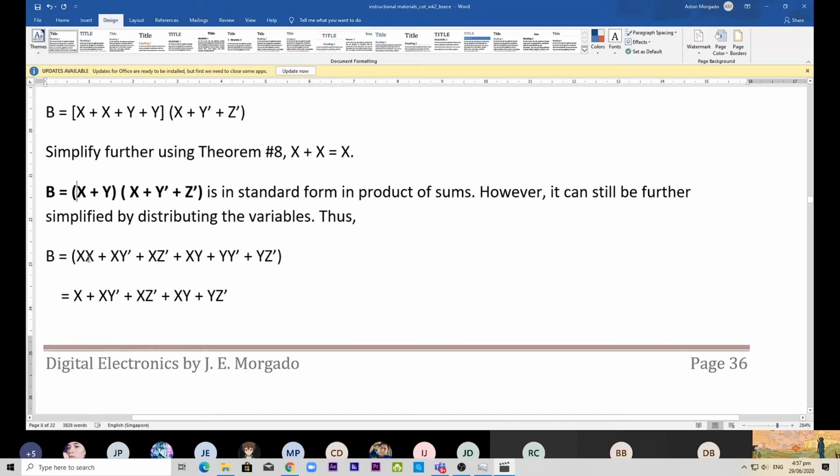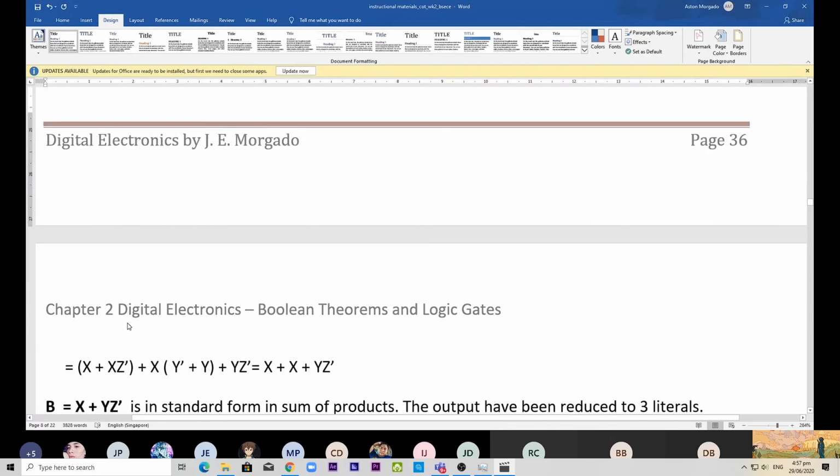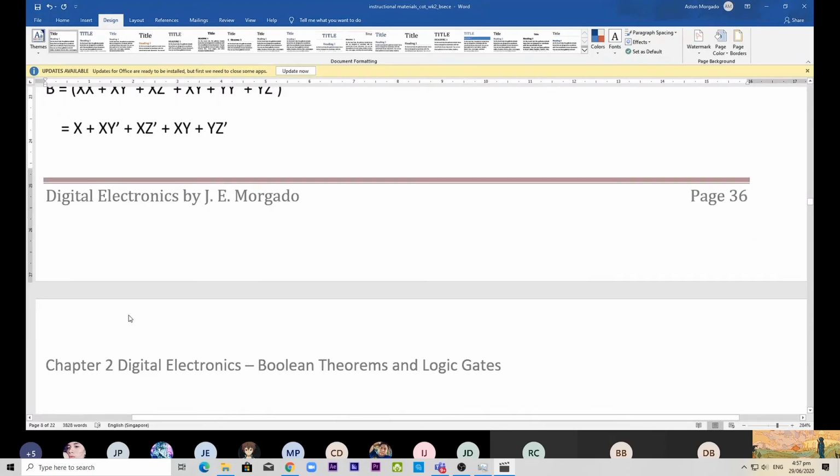So x times x is x, then copy xy prime, then copy xz prime, xy, then yy prime is 0, yz prime. So we have this one. Then let's regroup.